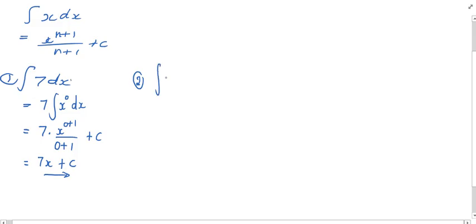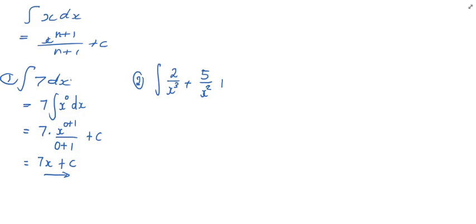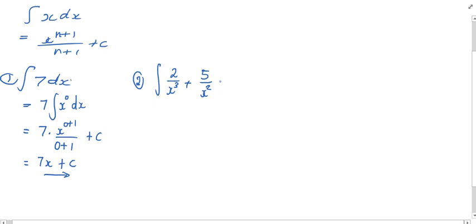Let's take a second one. Let's integrate a number of terms together. So let's start with 2 over x to the power of 3 plus 5 over x to the power of 2, plus, let me make this one negative, 7 over x, plus 14.